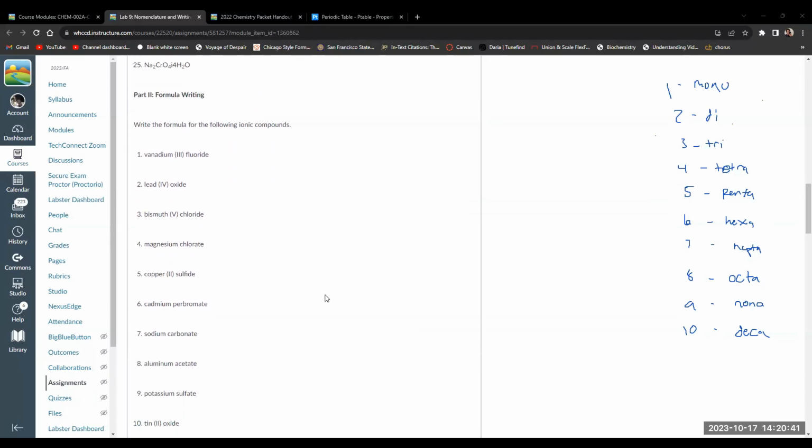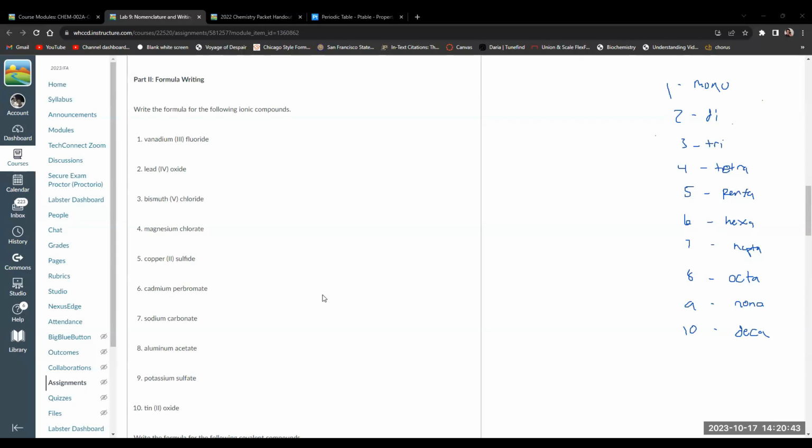So let's look at part 2 here. For part 2, we're simply working backwards. So now we're given the name, and it wants us to write the formula down. All the same rules I've discussed so far still apply here. So again, we're working with covalents. We use prefixes. We're working with transitional metals.